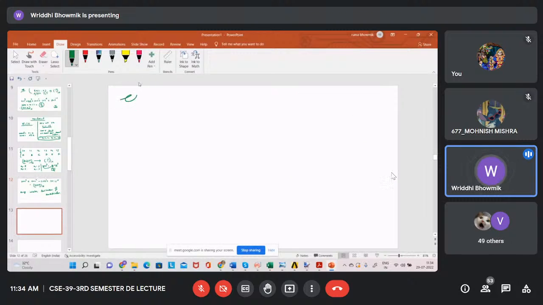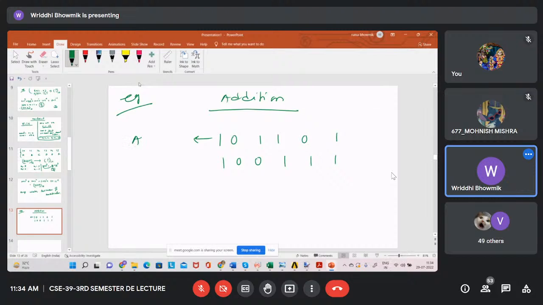Okay, so example of the addition. Right. So you have 101101, and then you have 100111. So the first one is the augend, and the second one is the addend.